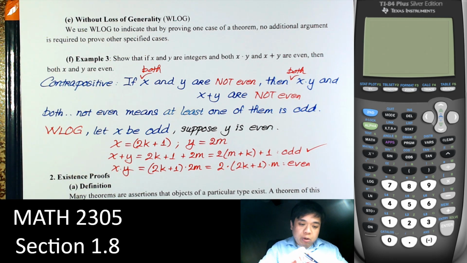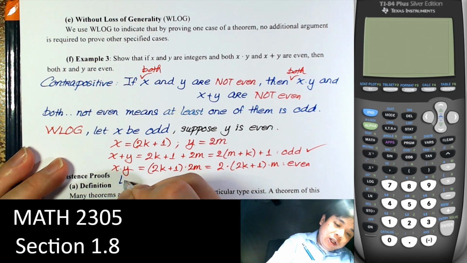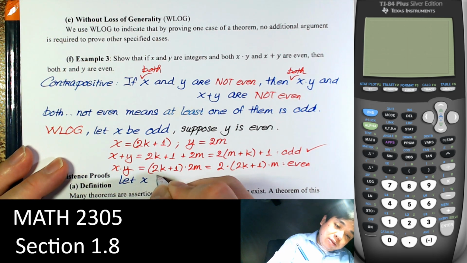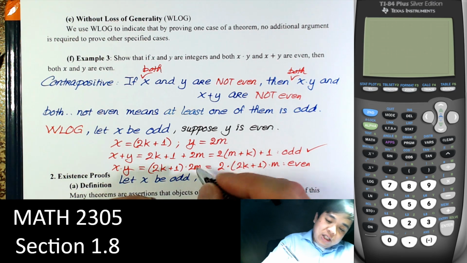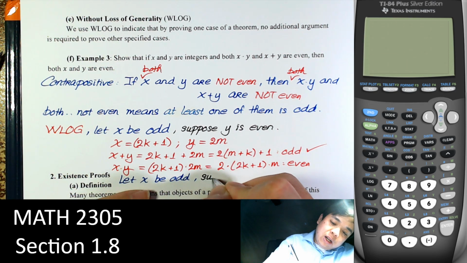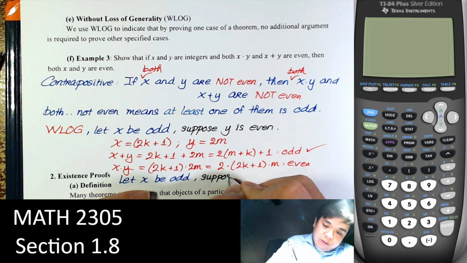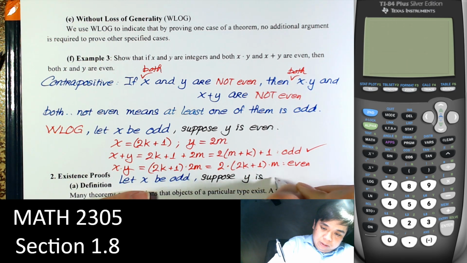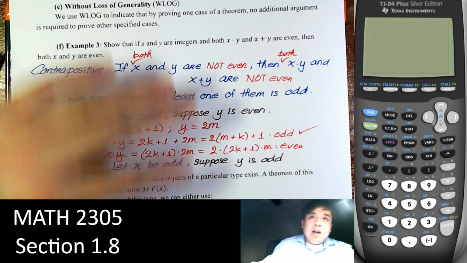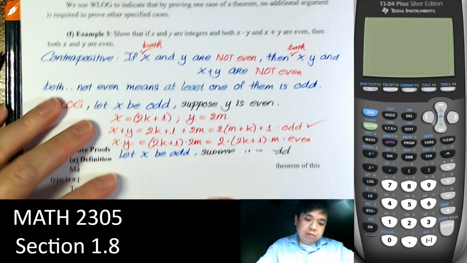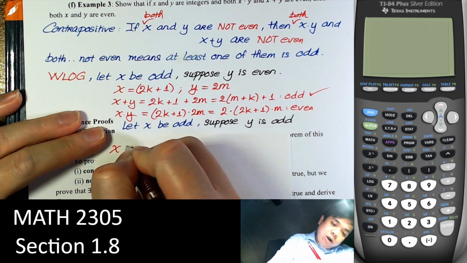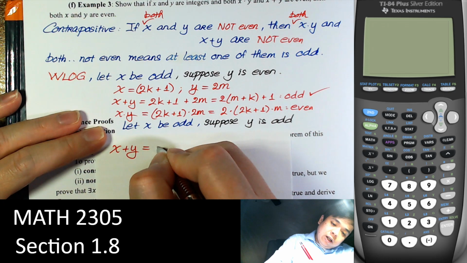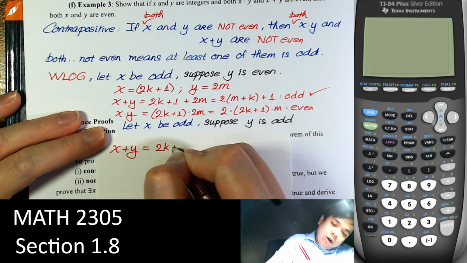We do need to say still let x be odd. But now this time, suppose y is odd as well, and we continue in this part. So x plus y, again 2k plus 1.